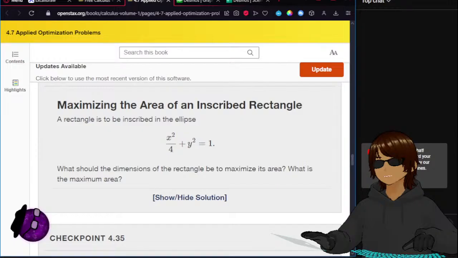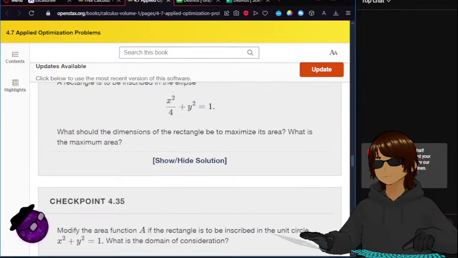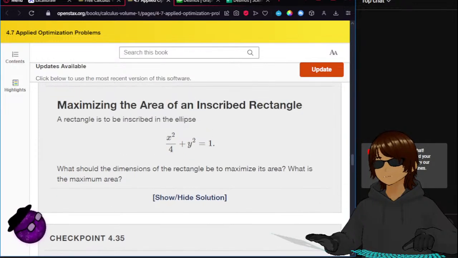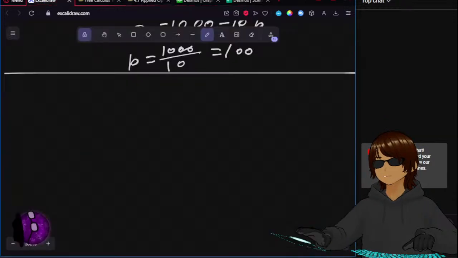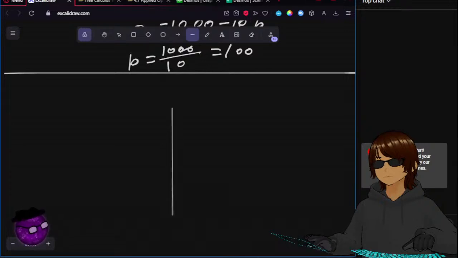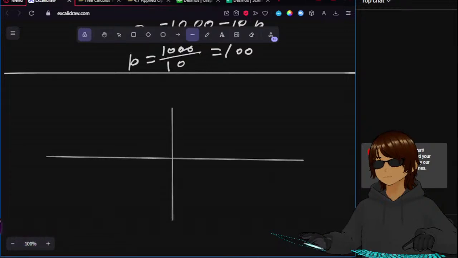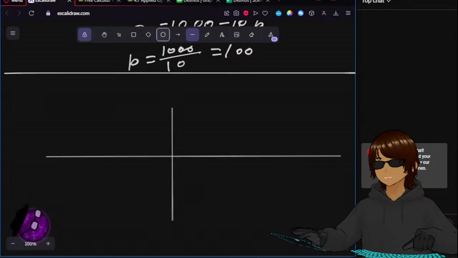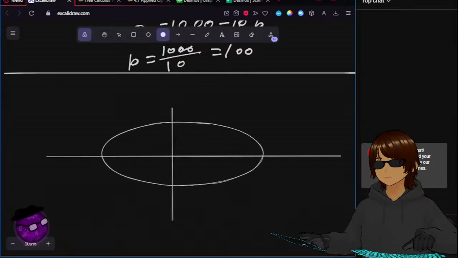Find the area of the inscribed rectangle within an ellipse. What should the dimensions of the rectangle be to maximize its area? So here we have an ellipse.